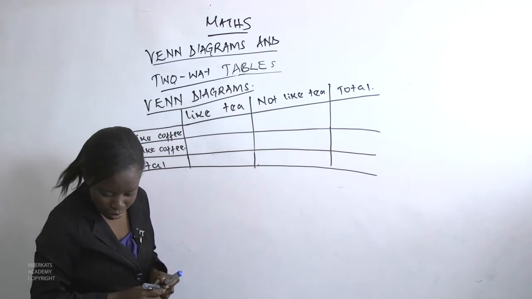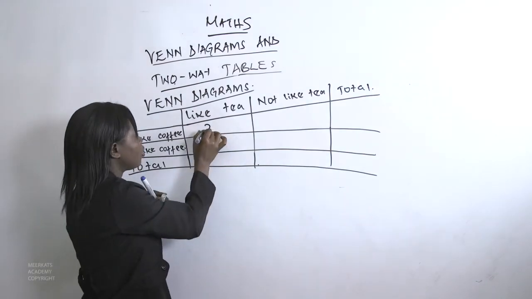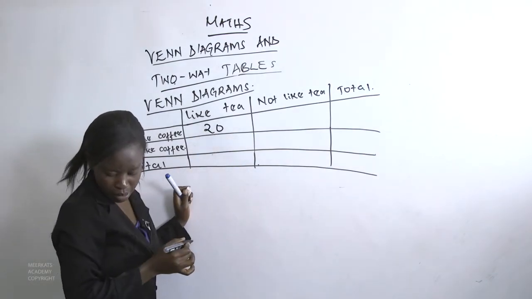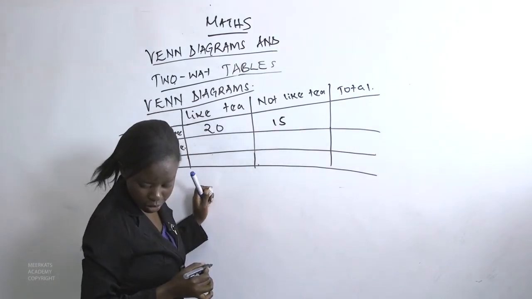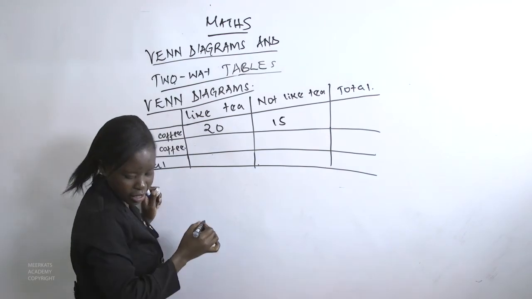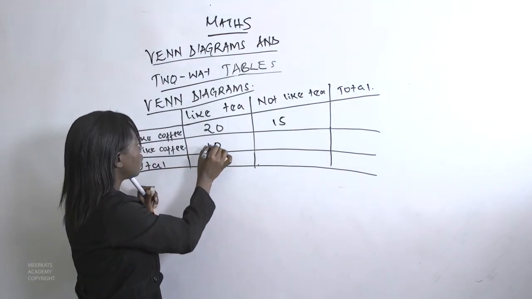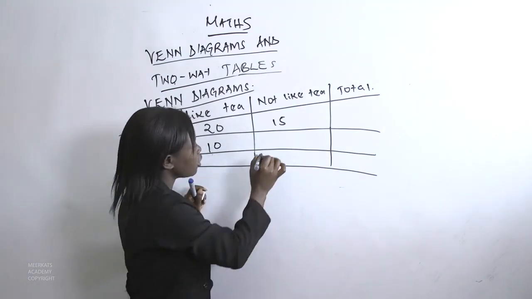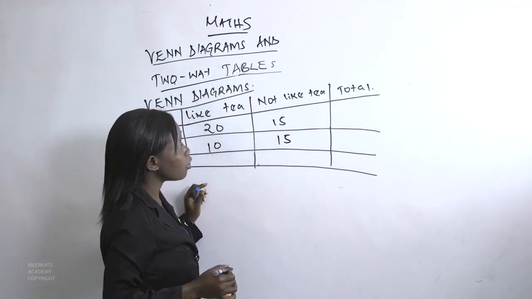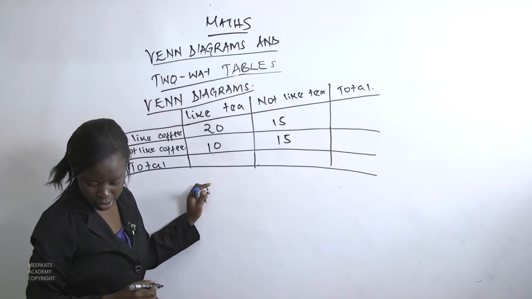So from the table, we have 20 who like both coffee and tea. We have 15 who don't like coffee. We have 10 who don't like coffee but like tea. Then we have 15 who don't like both tea and coffee.